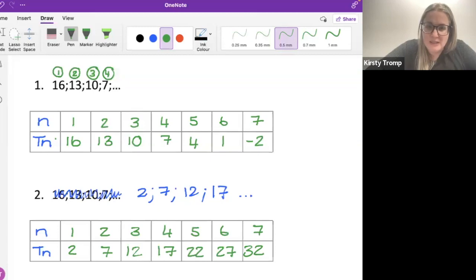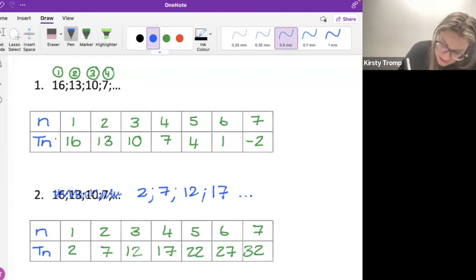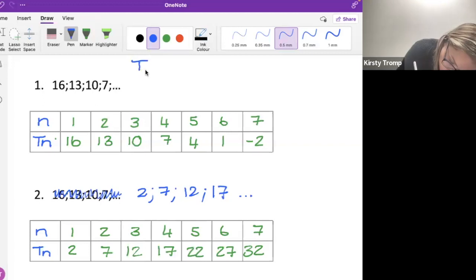All right. So let's carry on. I'm going to go back and have a look at number 1 quickly. Just like we had a look at earlier on, I'm going to say to myself, in number 1, what is T1? So what was the first term?